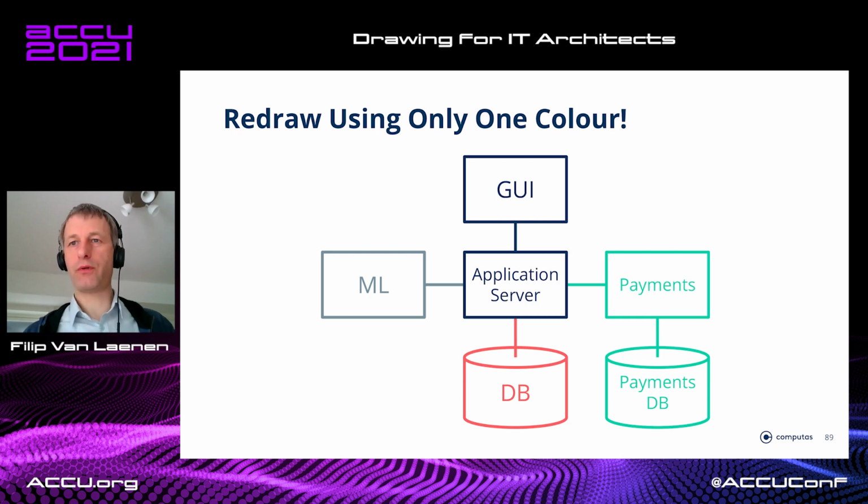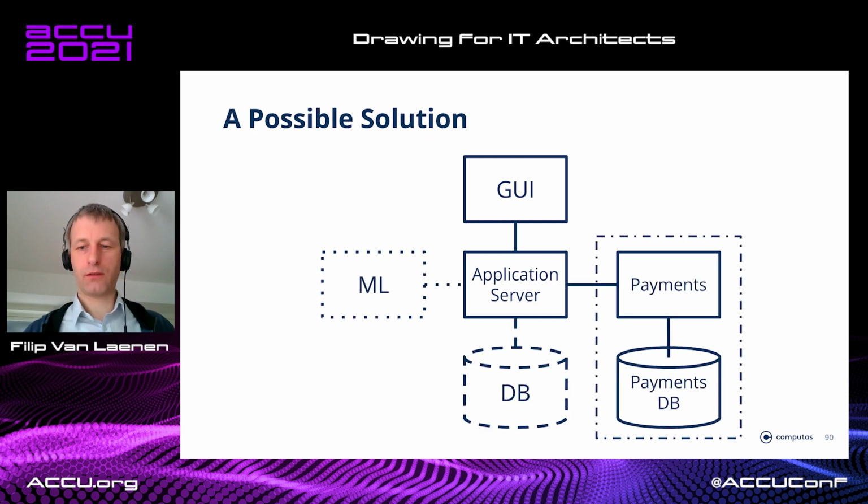Okay, so I hope everybody got some time to think and draw. The way I would do it is something like this, using dashes and dots for the lines, and maybe mark the new parts in another way. So again, this is something you can use to vary and bring messages in your drawing.